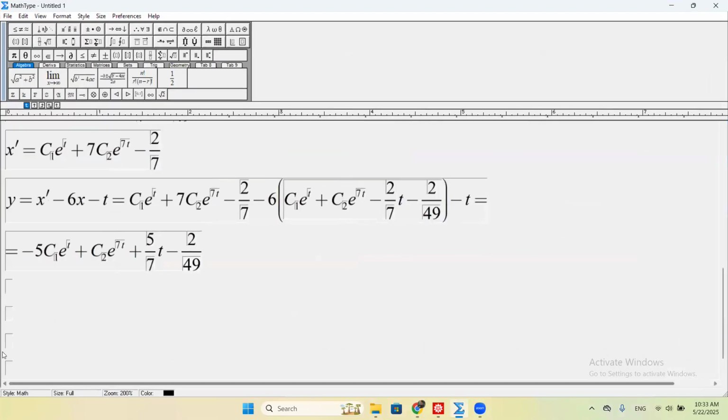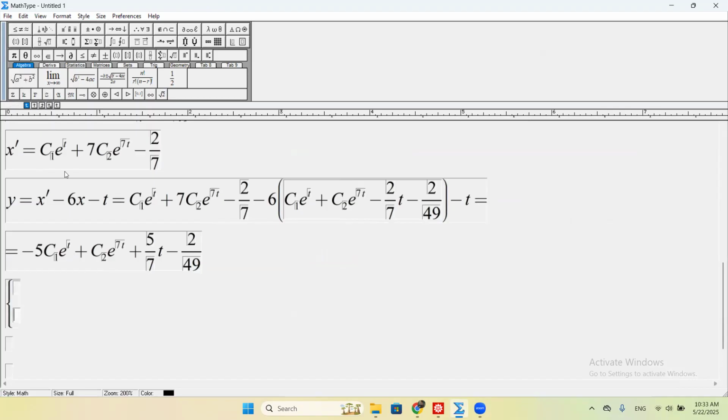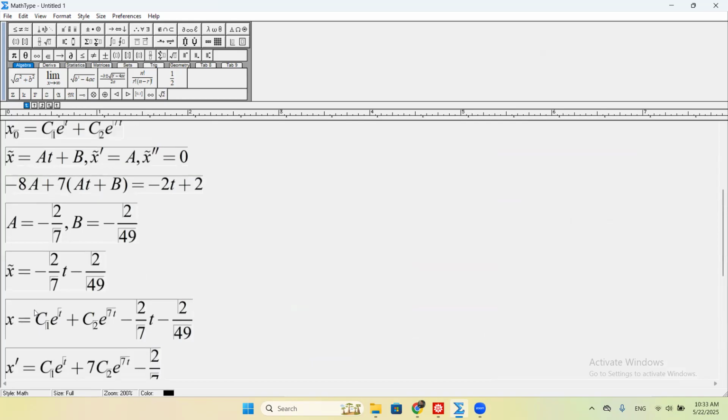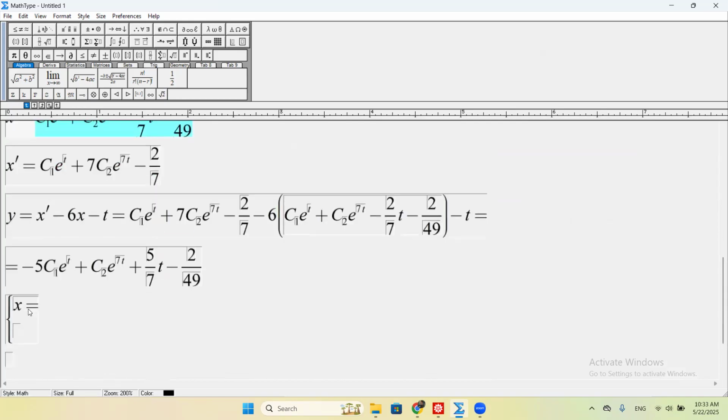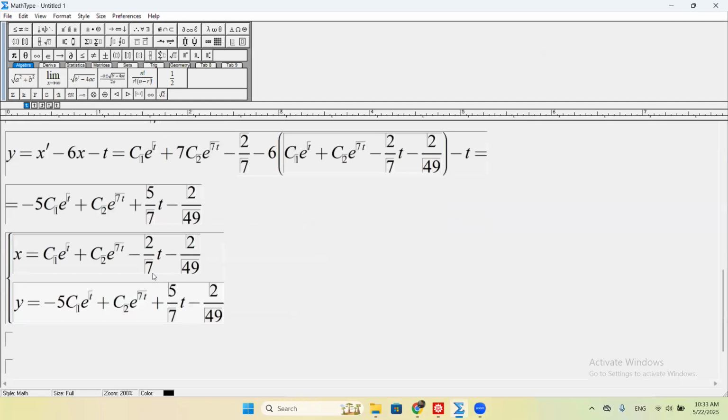So the final answer will be the following. So x equals this expression, and for y the expression is the following. So we found it. Any questions about this exercise?